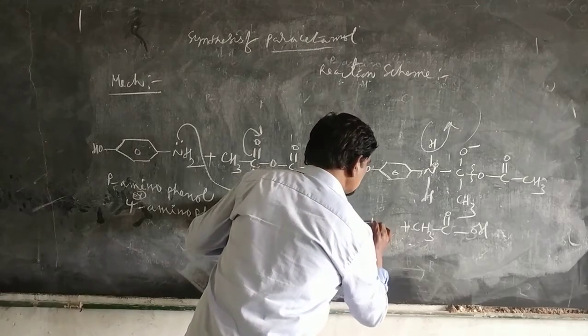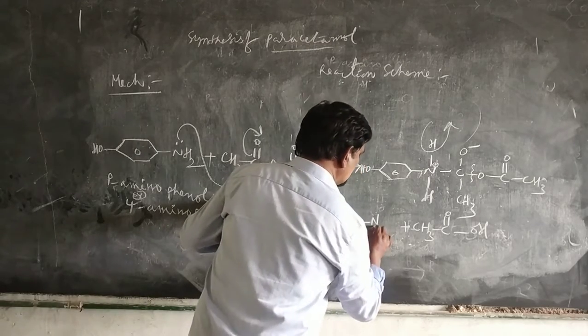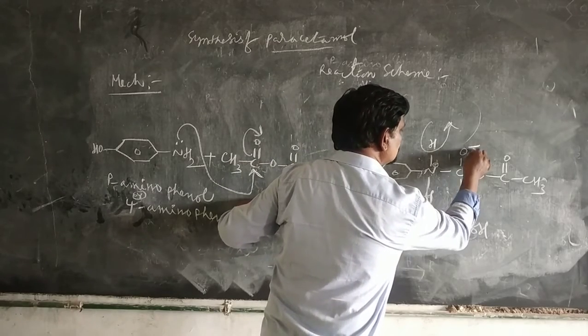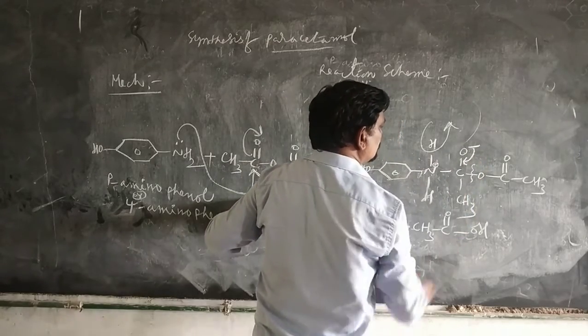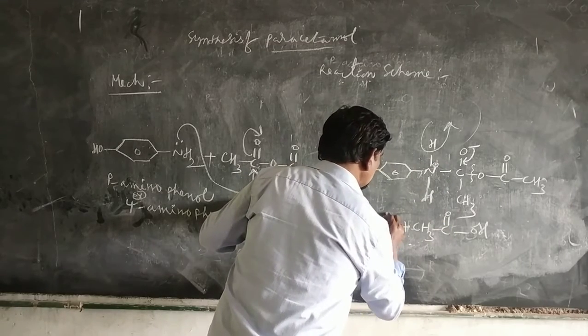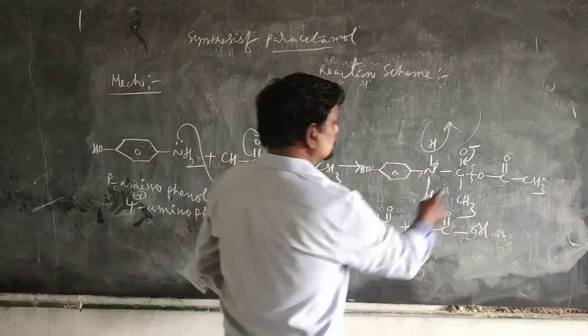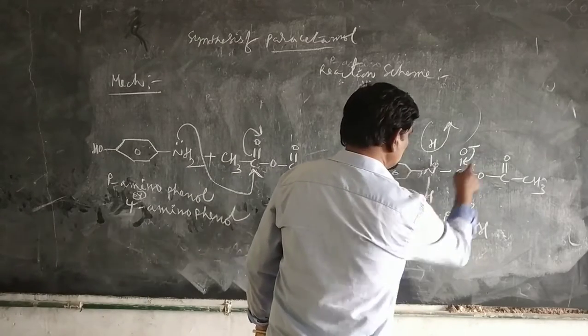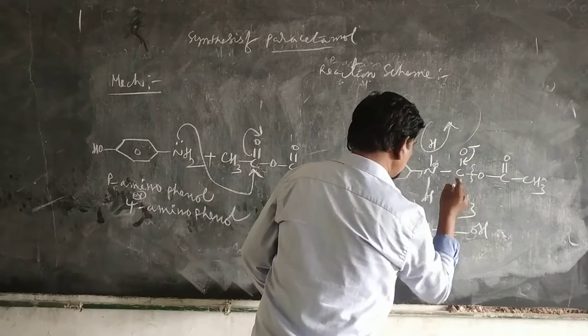There is a negative charge involved here, so it forms the double bond, C double bond O, with the remaining portion CH3.